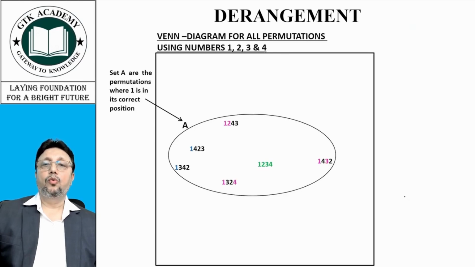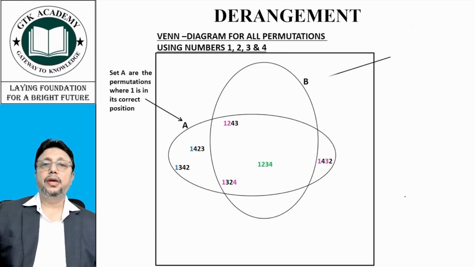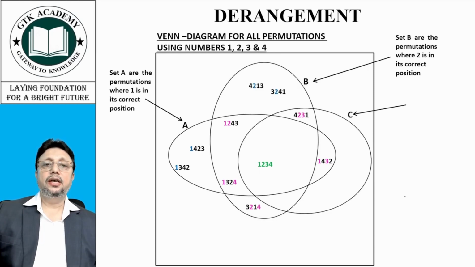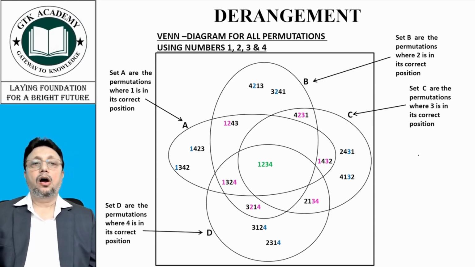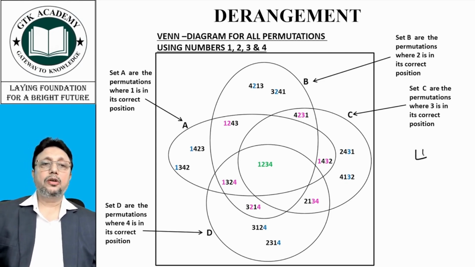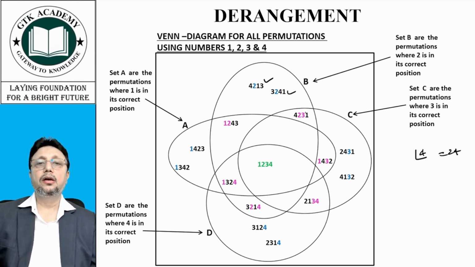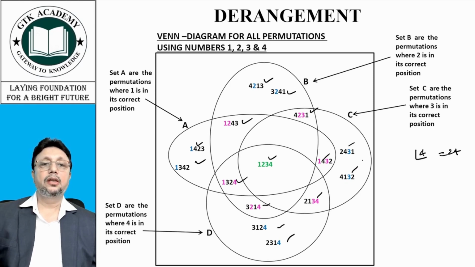Right. Again, we take the other example. A, 1 is at its correct place, B, 2 is in its correct place, C, 3 is in its correct place, and D, 4 in its correct place. Now, what was the total number? Factorial 4, which was 24. But how many we find here? 1, 2, 3, 4, 5, 6, 7, 8, 9, 10, 11, 12, 13, 14, 15.